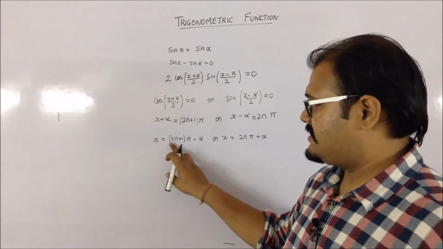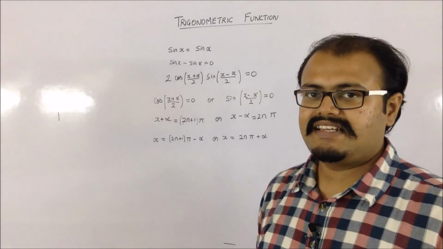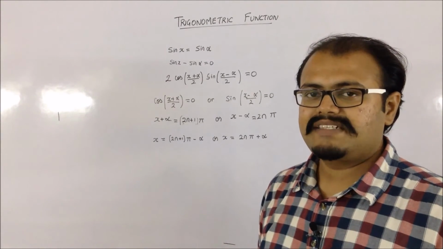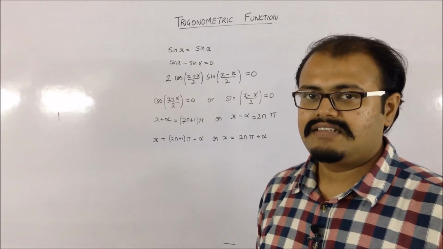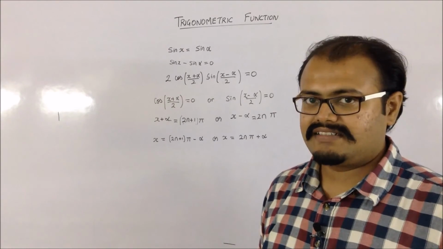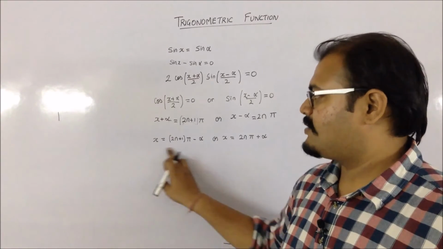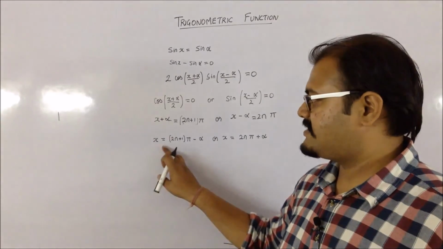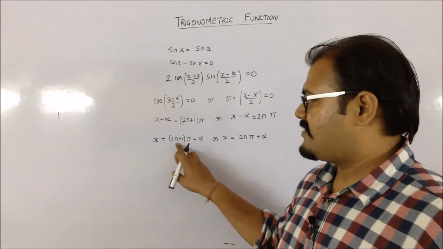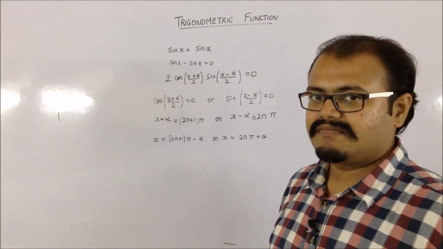You can see that my 2n plus 1 is basically an odd number. That means it can have the values 1, 3, 5 and all that. So for odd numbers I am going to have the relation x equals some value pi minus alpha.